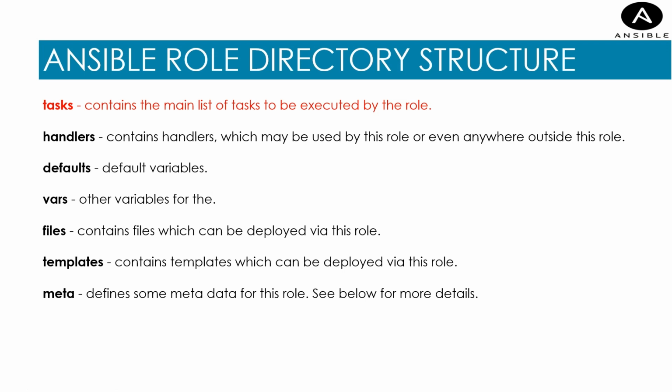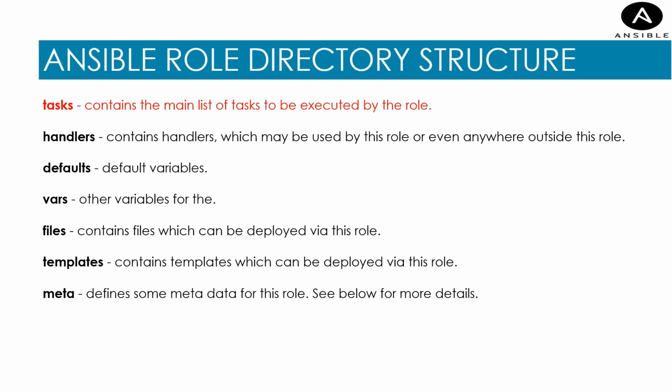So, Ansible role directory structure. We talked about tasks. Tasks contains the main list of tasks to be executed by the role, and that is mandatory. Then a handlers folder contains handlers which may be used by the role or even anywhere outside this role. Then we have defaults, which holds the default variables.